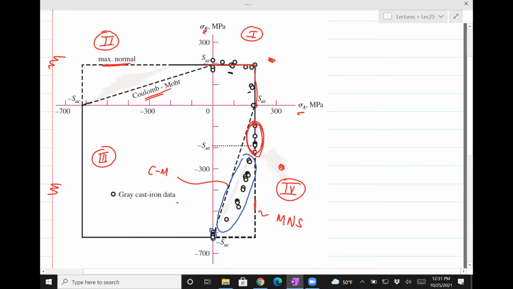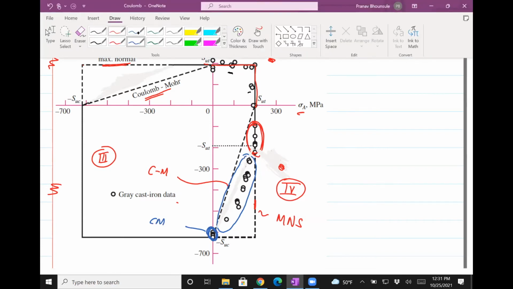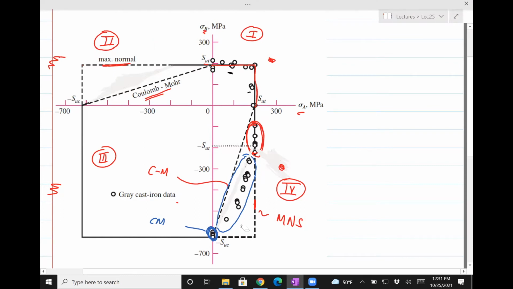Here there are some points which agree with the CM theory. But all these points over here, we show them in green. They do not agree with CM or MNS. So there's a problem: those points don't agree.